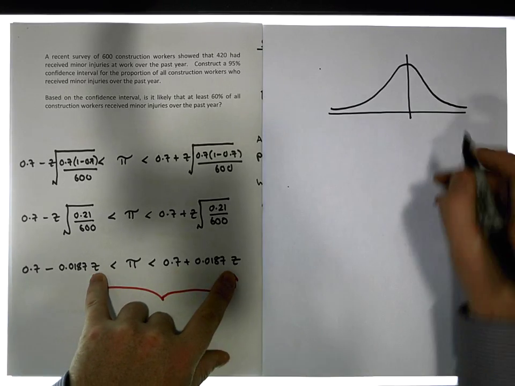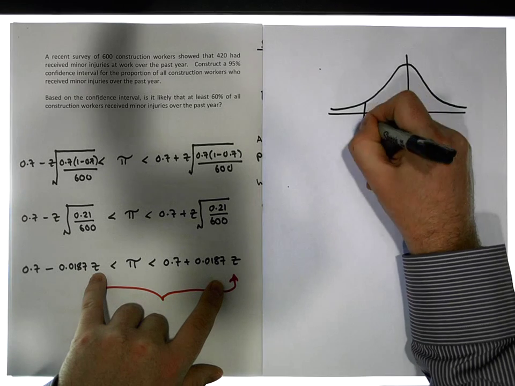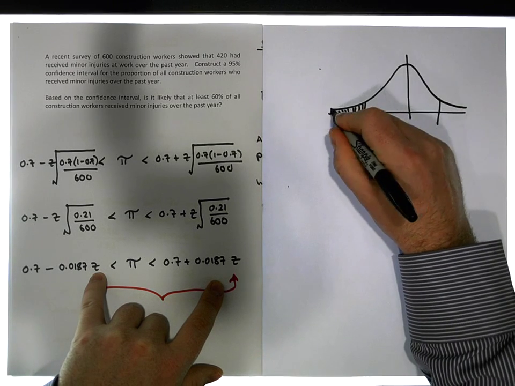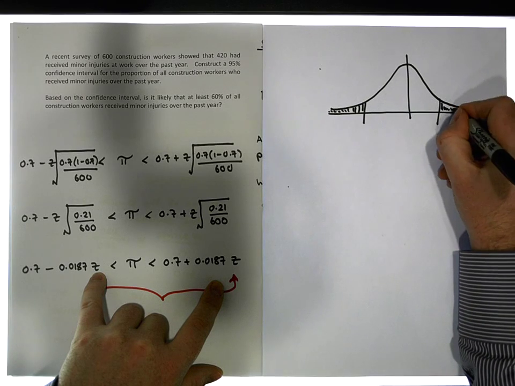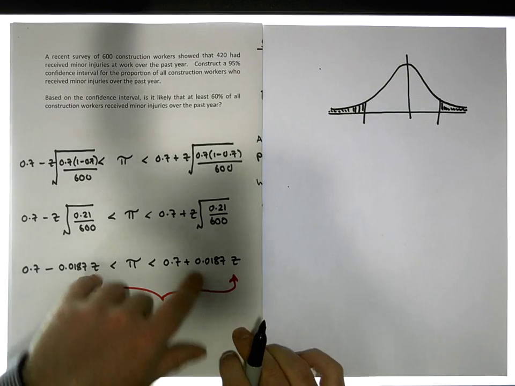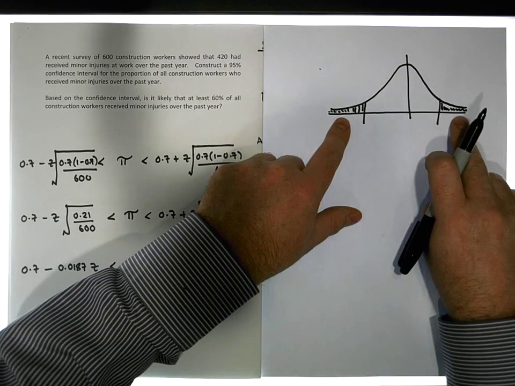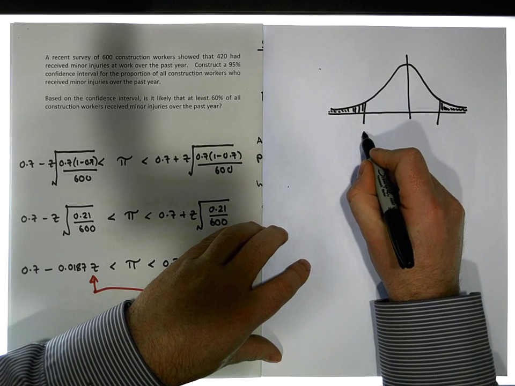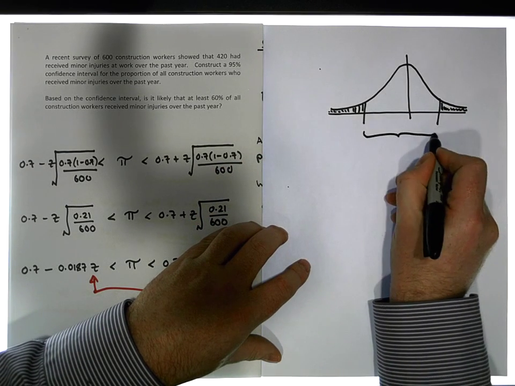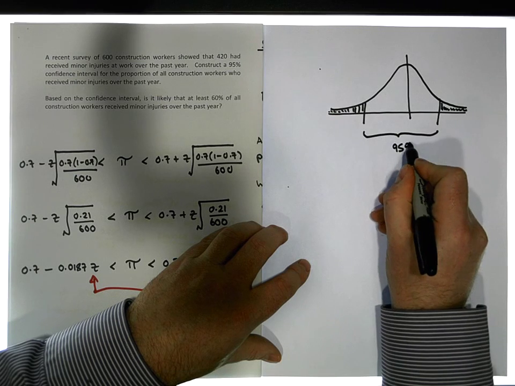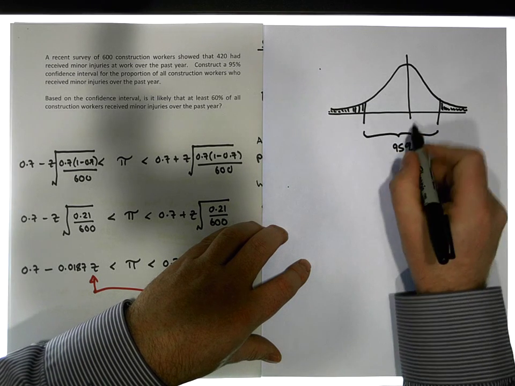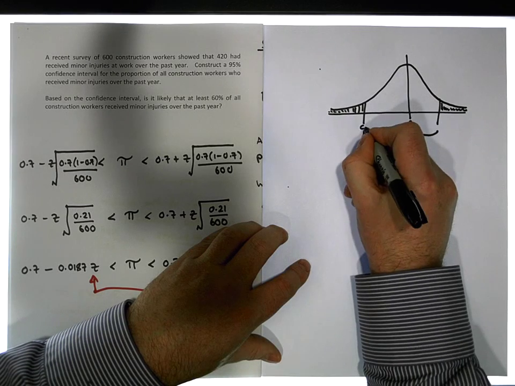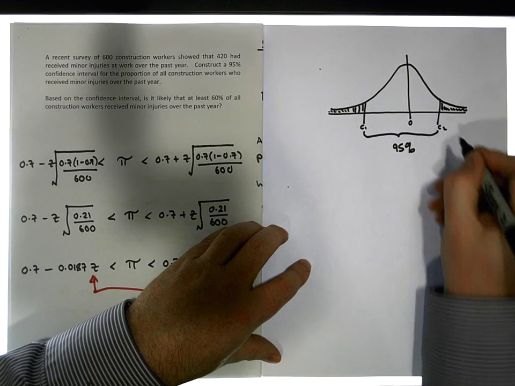So what we need to do is we need to figure out what are these critical values, okay, that have the totality of the area in the tails as 5%, okay? We want to do a 95% confidence interval, so what we really require is we require that we have 95% of the area, okay? 95% of the area under the curve between these two critical values here. Let me call this C1 and let me call this over here C2.